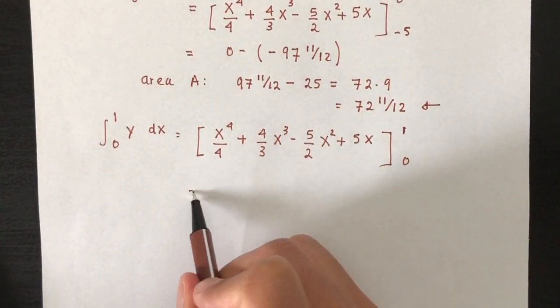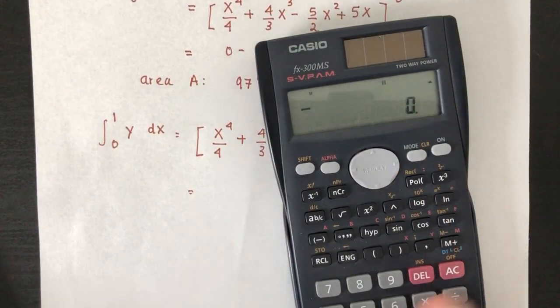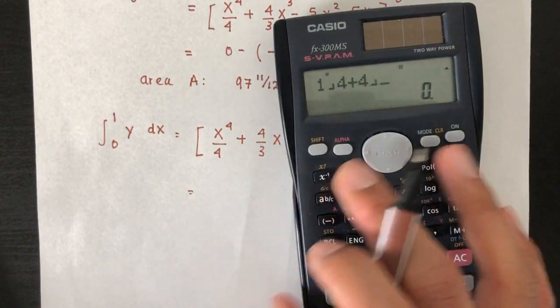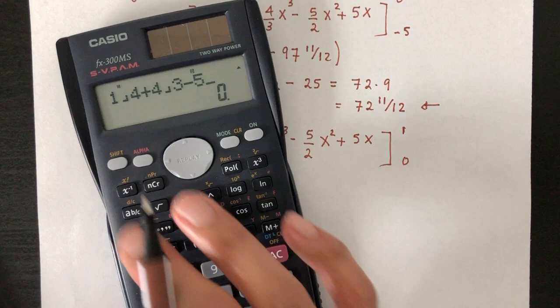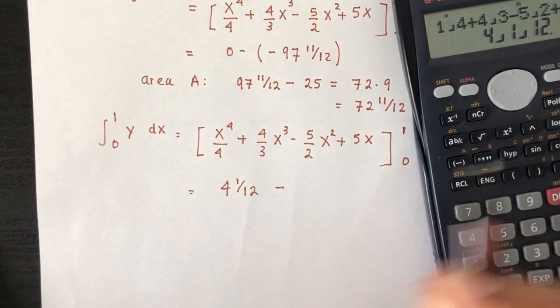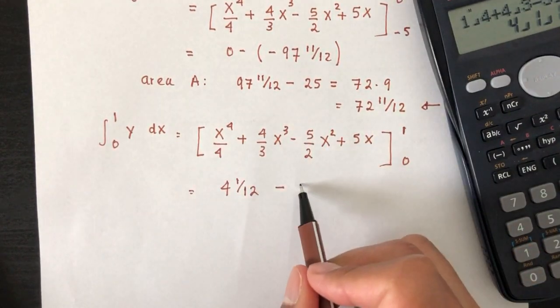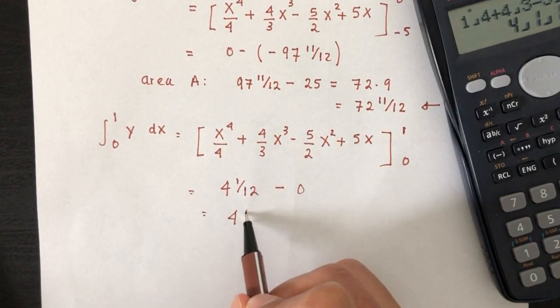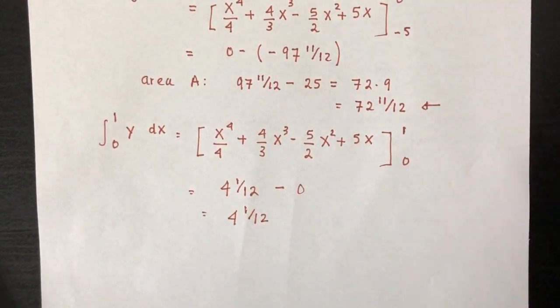So replace x with 1, you will have 1 over 4 plus 4 over 3 minus 5 over 2 plus 5. That should be 4 and this one minus, if you put 0, you will have 0. So this is your area under the curve for that region.